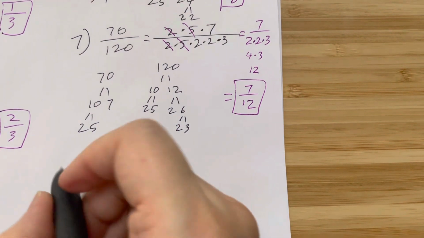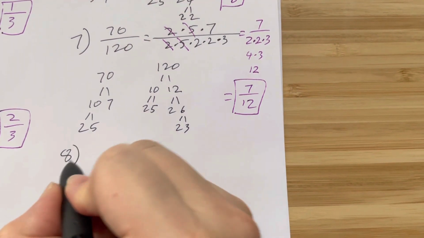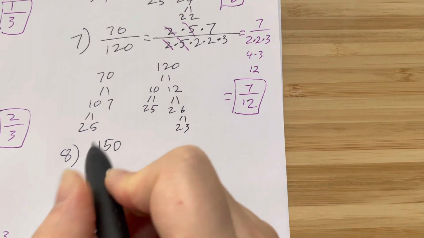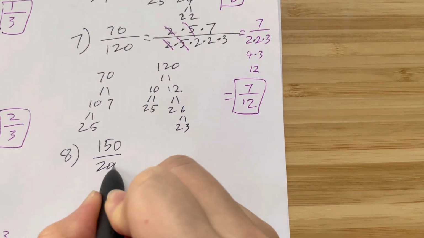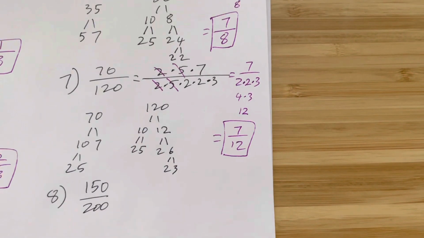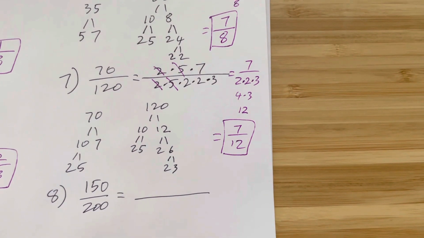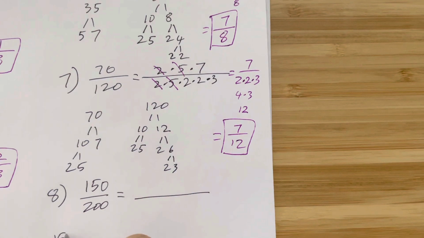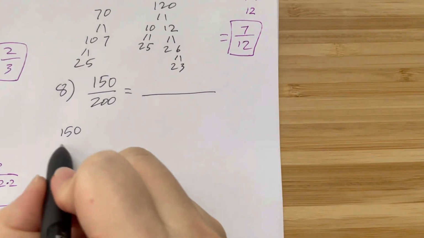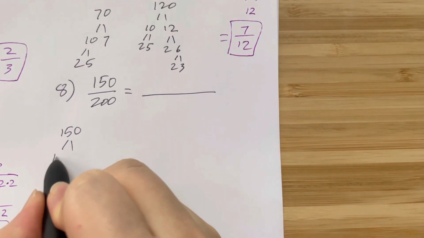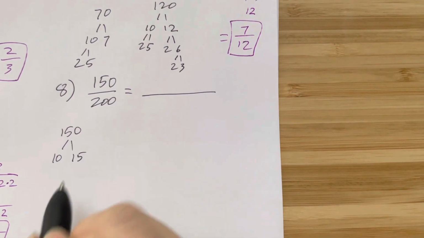The last one we have is number 8, which is 150 all over 200. For 150, we have a 10 and a 15.